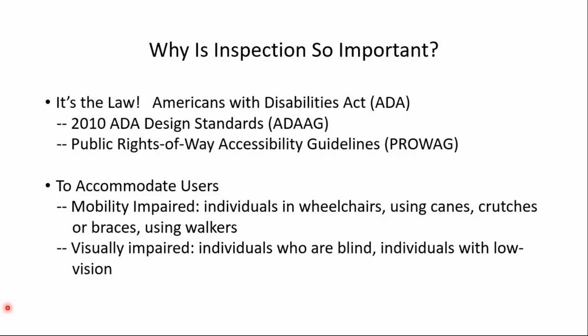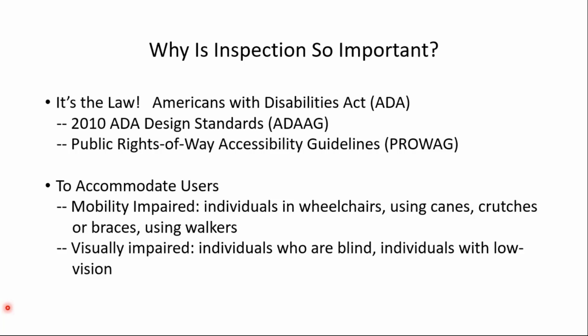But also inspection is important because obviously it's the law, and we don't want to not comply with the law. We're talking about the Americans with Disabilities Act, and two standards or criteria apply here. One is the 2010 ADA Design Standards, also known as the Americans with Disabilities Act Accessibility Guidelines, ADAAG, and that applies to buildings and sites.